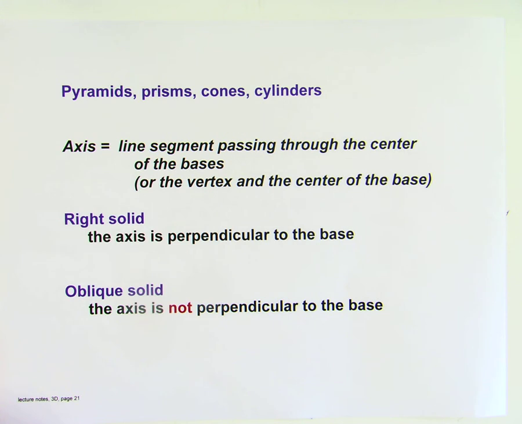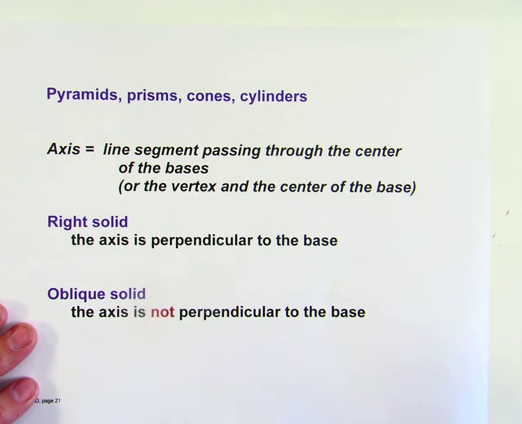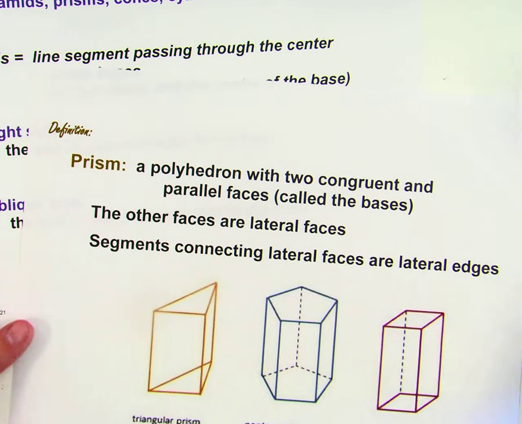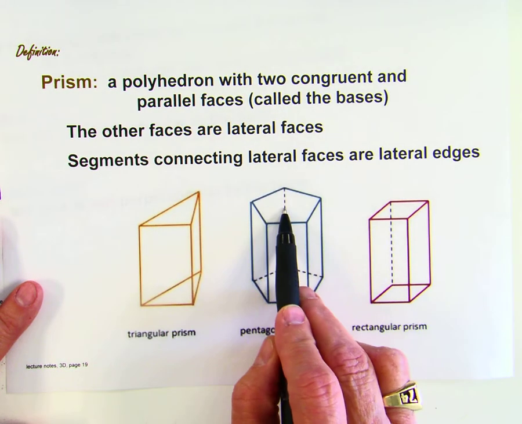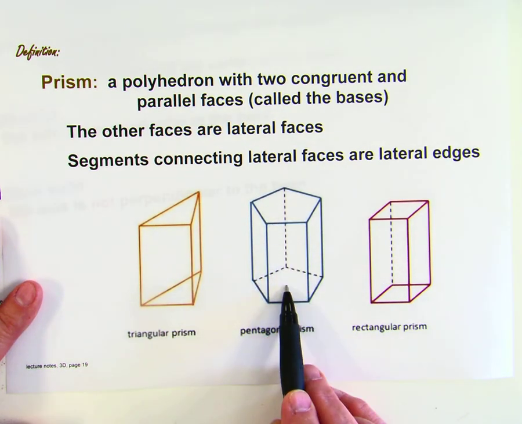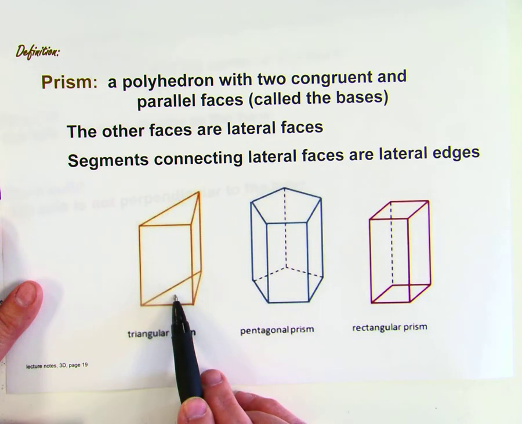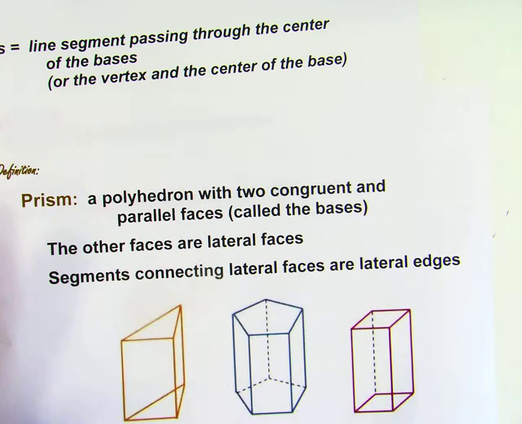In each of the shapes, we'll talk about the axis as the line segment passing through the center of the bases: through the middle of the pentagon, the center of the triangle, or whichever rectangles you choose.